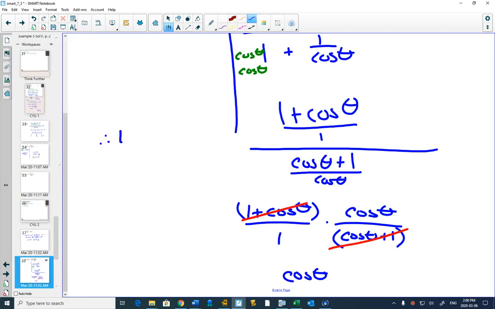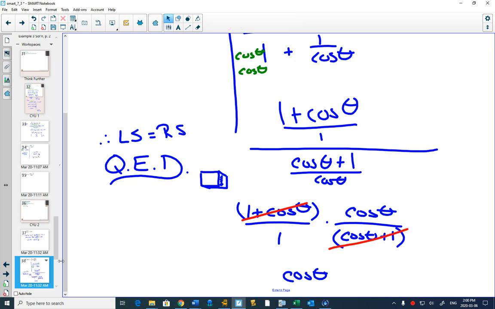Therefore, the left side equals the right side. Okay, so now we've proven both of these.